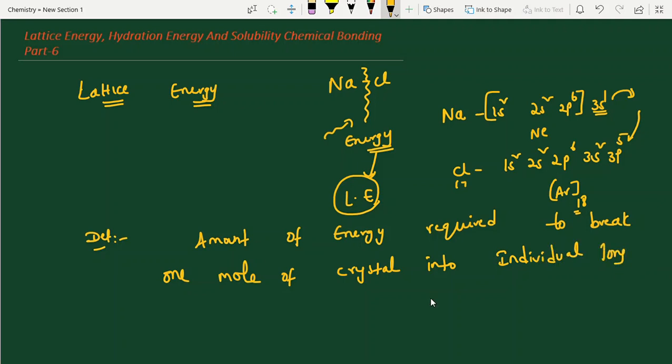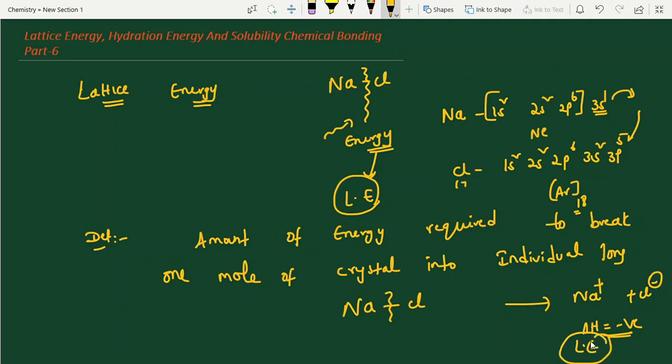Clear, students? I am going to break this bond, and definitely after breaking it converts into its ions. Delta H is negative when energy is released, and we call that the lattice energy.